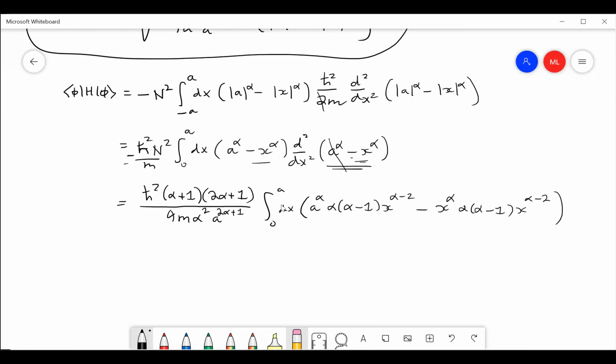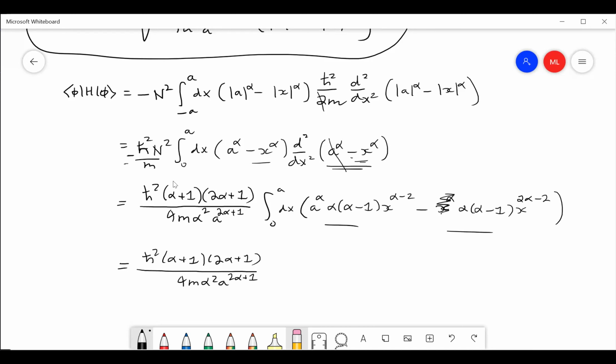And now you have to do the integral of these two terms. Of course, this alpha here combines with this alpha. You get 2 alpha here. Get rid of that. And you just do the integration. You get h bar squared, alpha plus 1, 2 alpha plus 1 over alpha squared, 2 alpha plus 1.